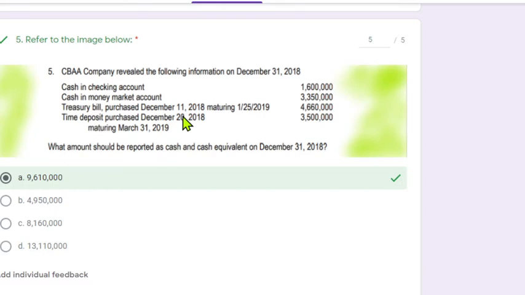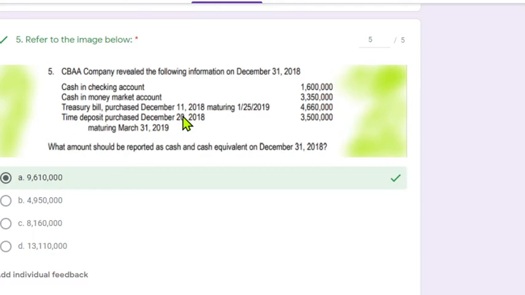January 20 to February 20, 1 month. February 20 to March 20, 1 month. So, hanggang March 20 siya ay 3 months na, pero dahil siya ay magmamature on March 31, 2019, lagpas na siya sa 3 months na rule.